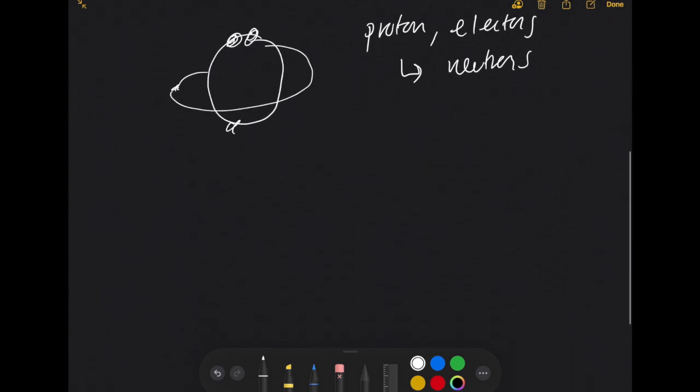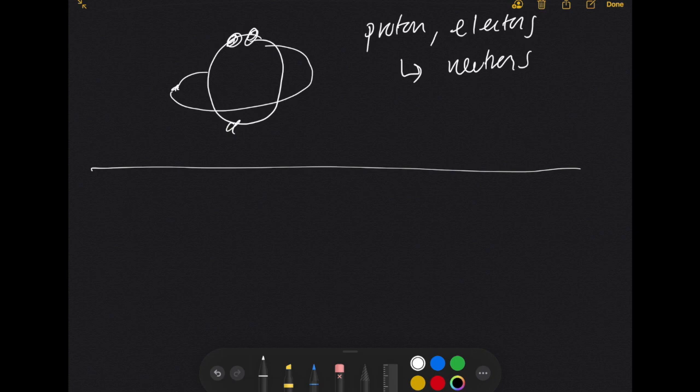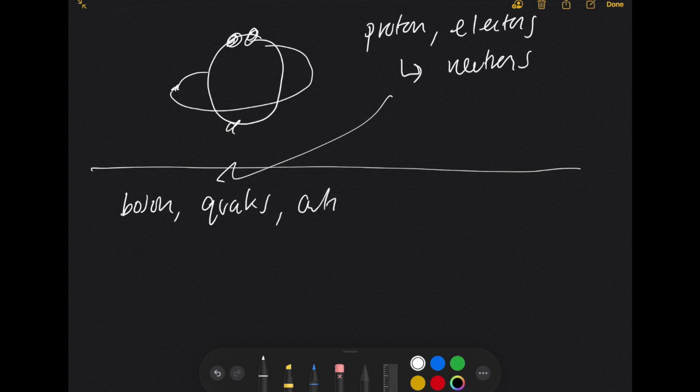Well, we did some more work later, and there's been a recent paper, and it's shown us that we can further split these into smaller fundamental elements. So we have bosons, we have quarks, we have antiquarks. They're glued together by gluons. We have all sorts of different states of matter. So what I'm basically trying to get at is our fundamental idea of what matter is can easily be split down into finer and finer building blocks.